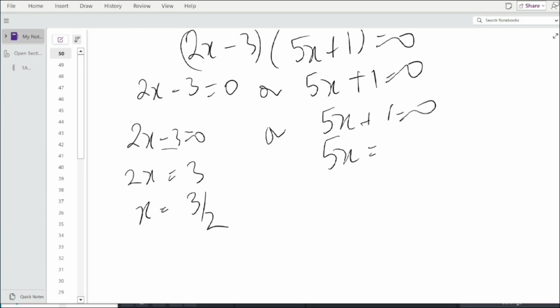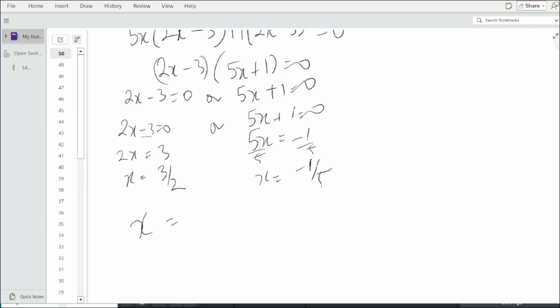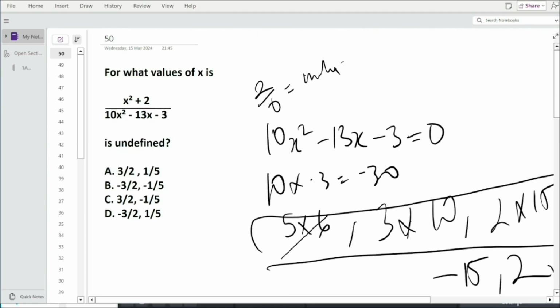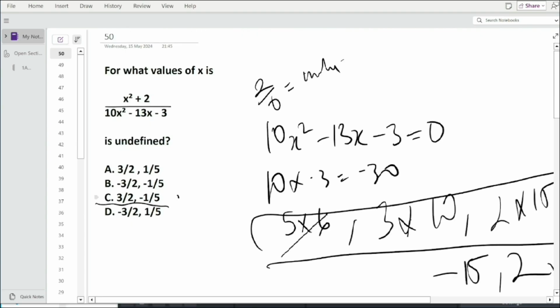The plus 1 crosses the equals sign and turns to minus 1. We divide both sides by 5. X is minus 1 over 5. So the two values for x that will make this expression undefined are 3 over 2 or minus 1 over 5. Our answer is therefore C: 3 over 2, comma, minus 1 over 5.